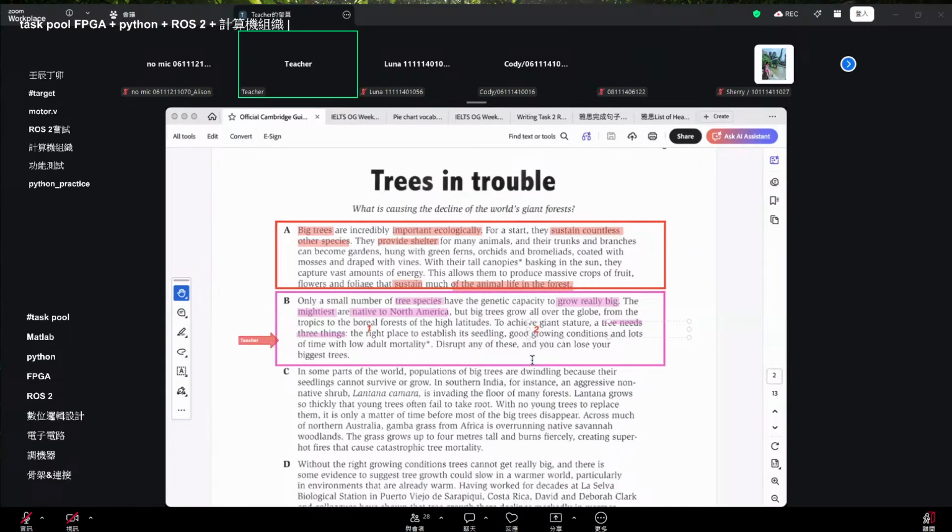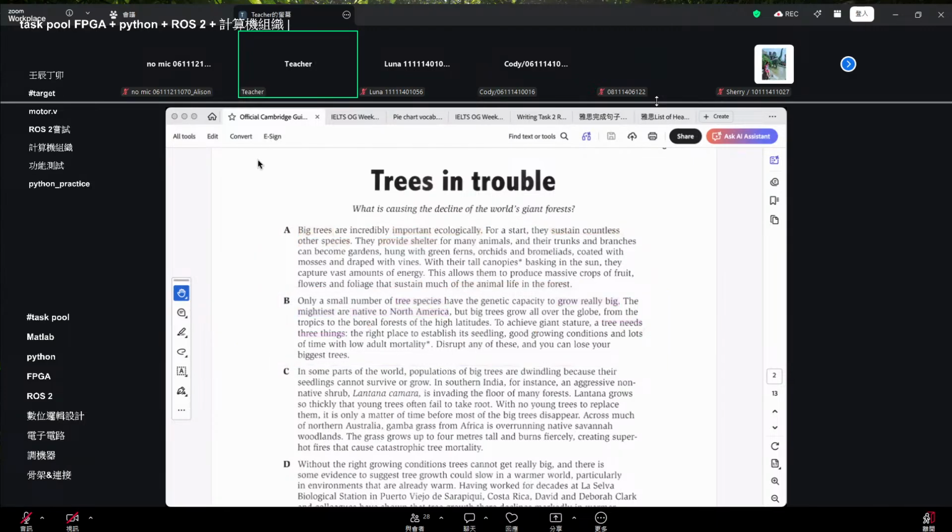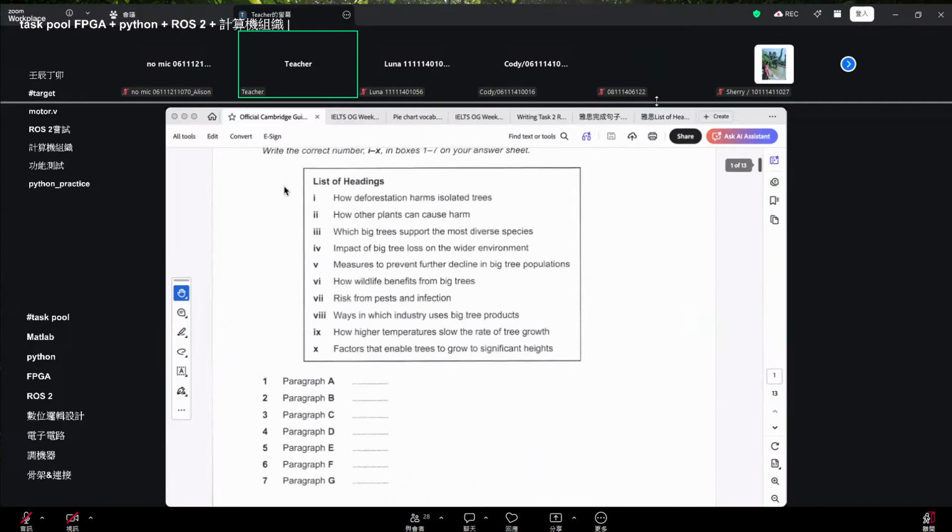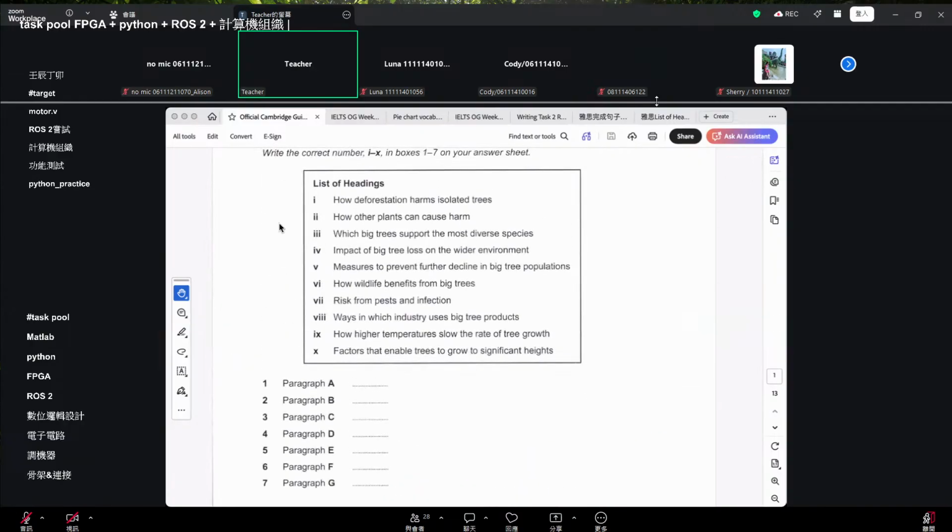The second, good growing conditions. And 3, lots of time with low adult mortality. Okay, so these were referring to the important criteria in order to grow into mighty tall trees. Now, if we were to get back to where we left not so long ago, go through all of these.